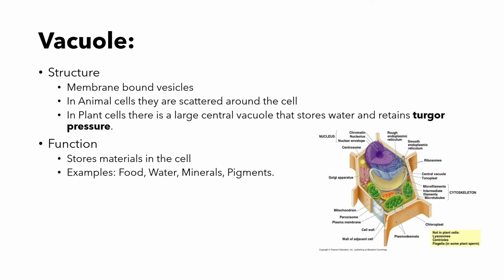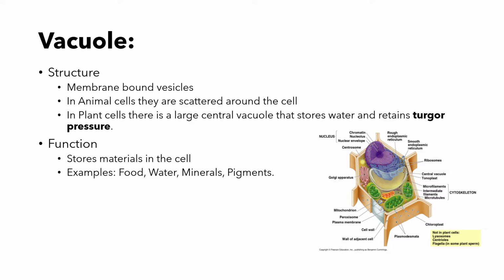Next, we have vacuoles. The main thing to know about vacuoles is that they are storage organelles, and they're basically membrane-bound vesicles that store different things, whether that be food, water, etc. In animal cells, they're very scattered throughout the cytoplasm.